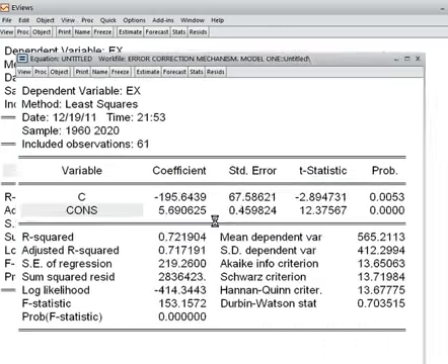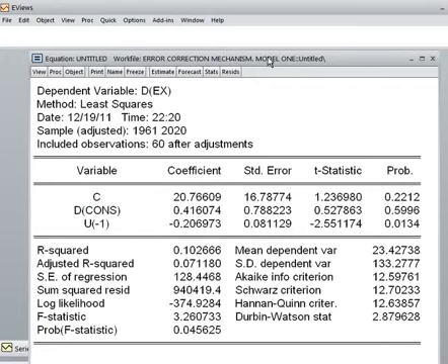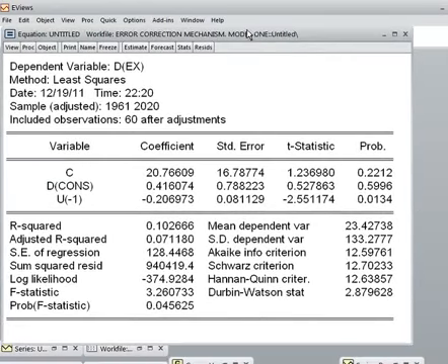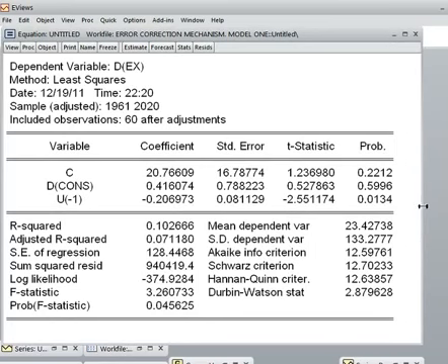Okay, so this is the outcome of the model. You see from here, dEx is the first difference of Ex, and it has become stationary. C is the constant, dcons is the first difference of cons, which has become stationary.